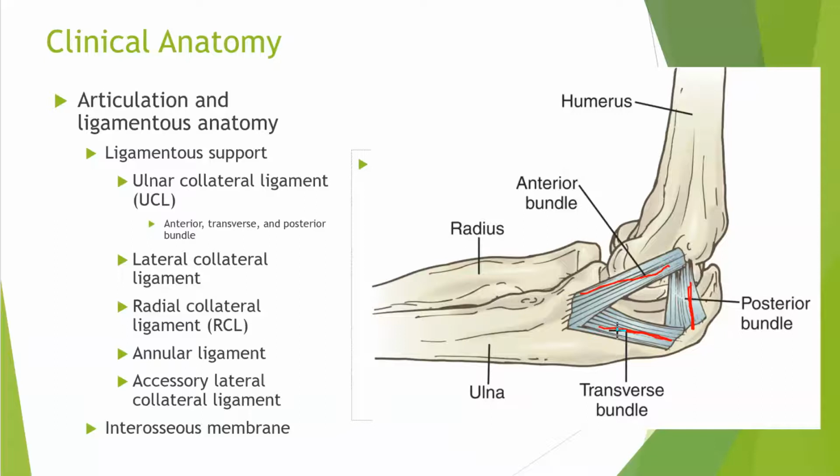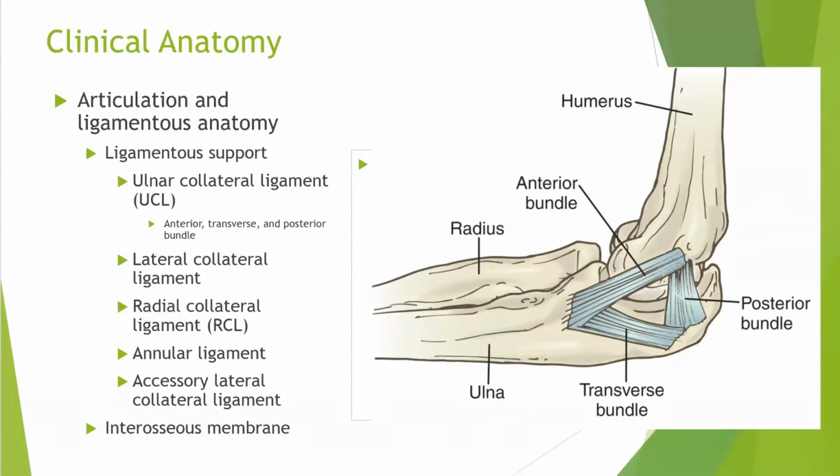So when we're hearing of baseball athletes having to have the Tommy John surgery, most frequently that's in reference to the anterior bundle of the ulnar collateral ligament, okay? On the other side, we have the radial collateral ligament and the interosseous membrane in between both the radius and the ulna.